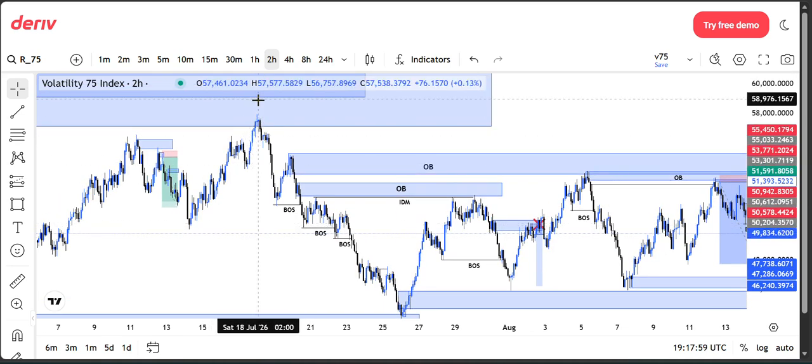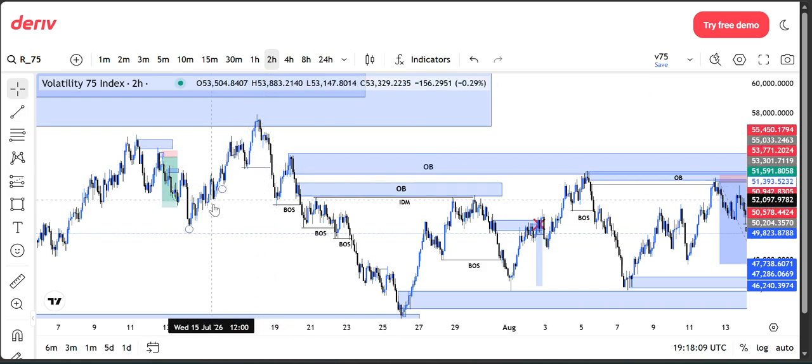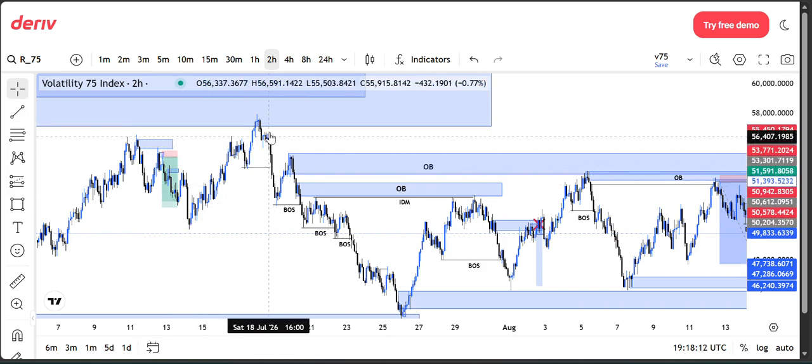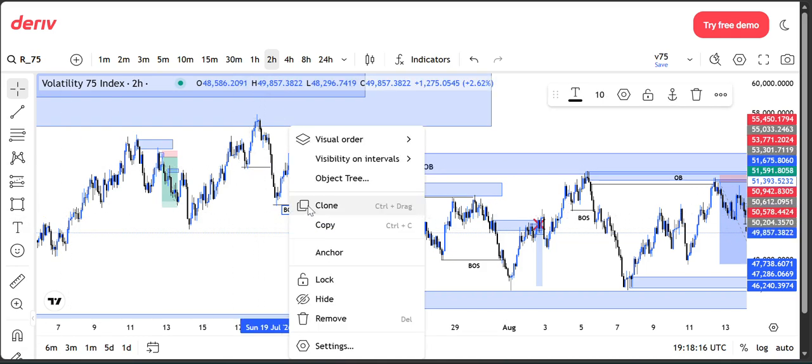So the moment price got to this place, we saw that there was a break of structure to the downside. So this was a signal. We can call this a change of character right here.